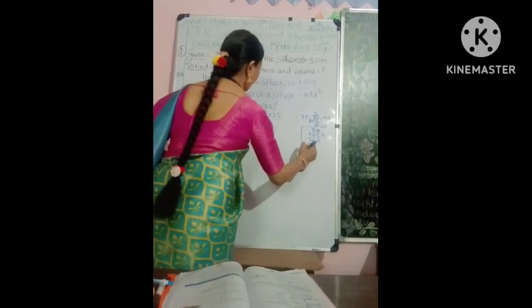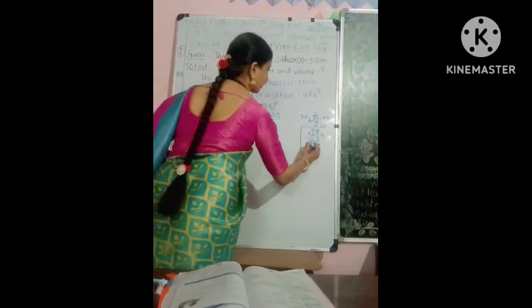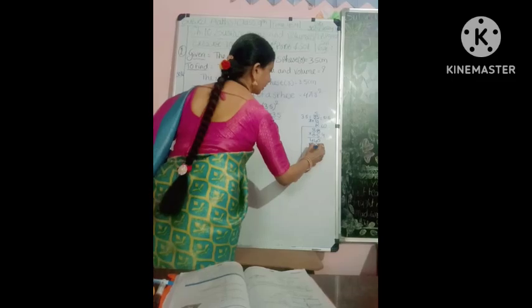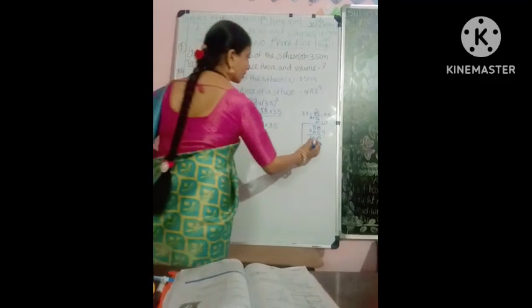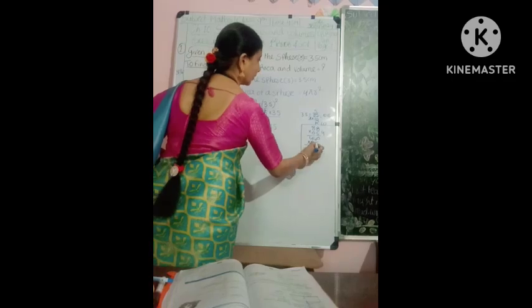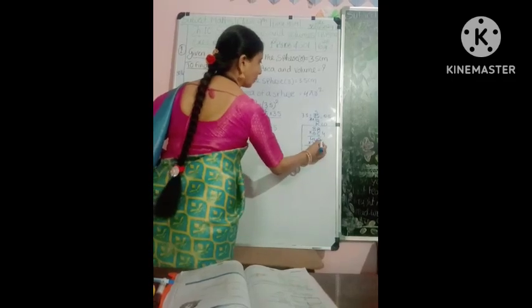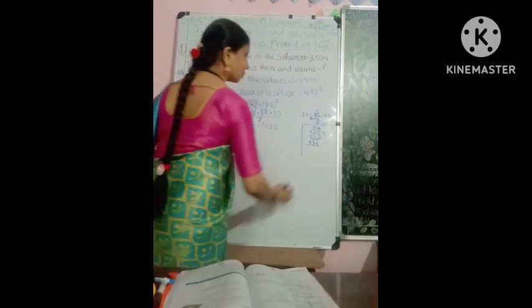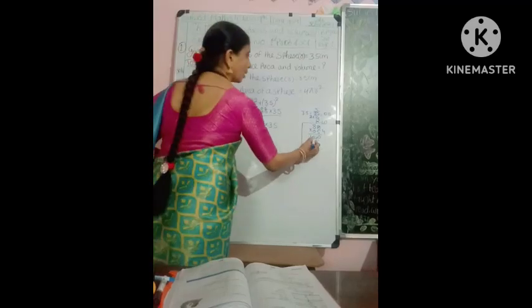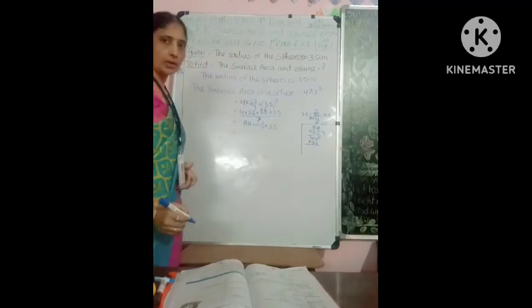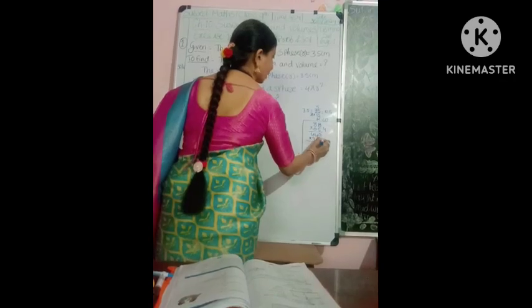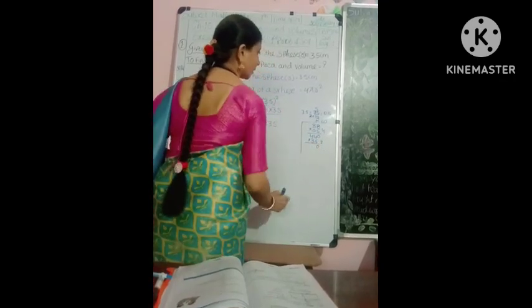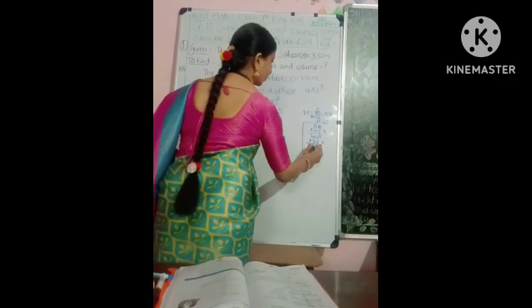Next, multiplication of 3.5: 44 into 3.5. After the decimal point there is a 0, so no value; only 44 is considerable. 44 into 3.5: 5 4s are 20, 20 plus 2, 22.